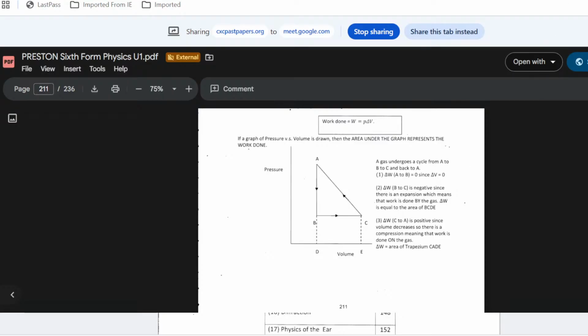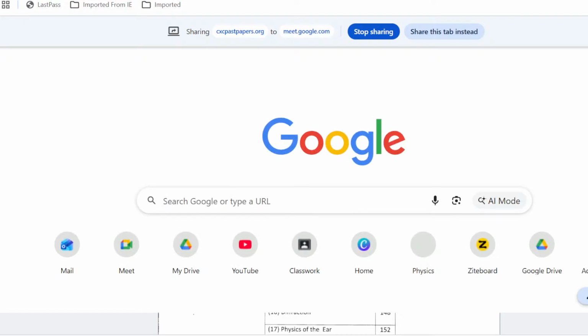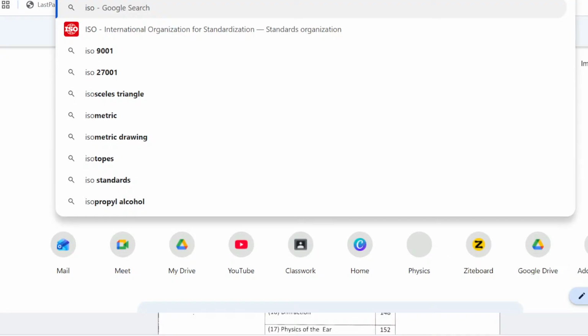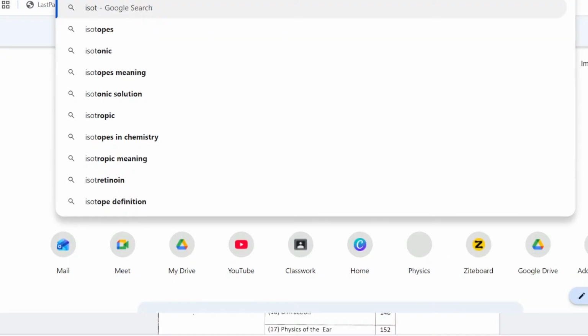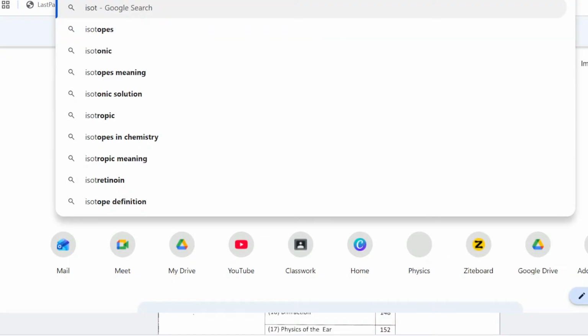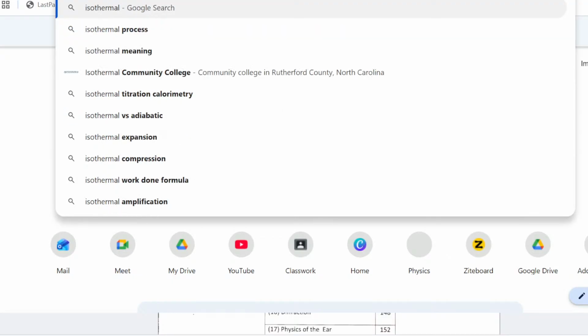Alright, so let me see if I can find an image. There's not one in the book. So remember there are some different conditions. You have isobaric, which refers to pressure, isovolumetric, isothermal, and adiabatic. Let me see if I can find an image that has all of those, so you can see how the stages look.